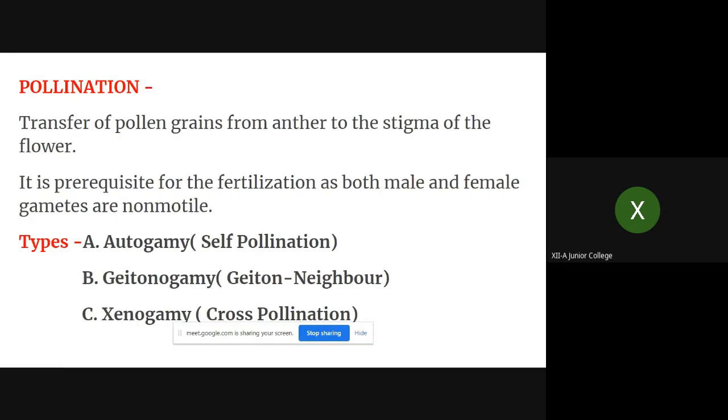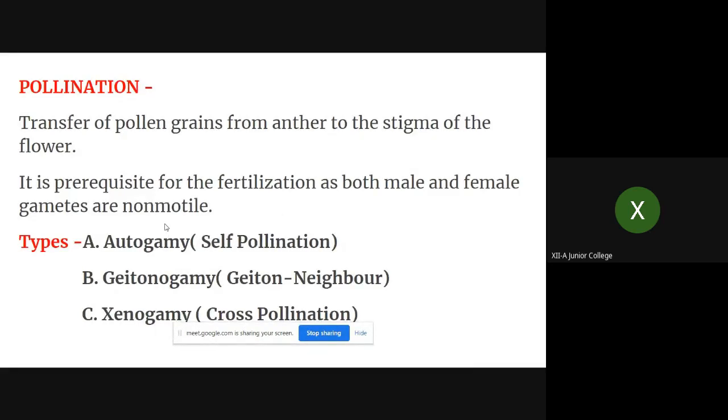And the female gamete, I showed you the entire development of female gametophyte, where the female gamete is nothing but the egg cell. So both are non-motile, and that's why some agents are required to carry the male gamete to the female gamete. Now what that is we will discuss.